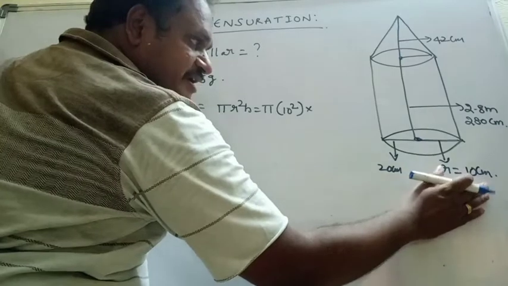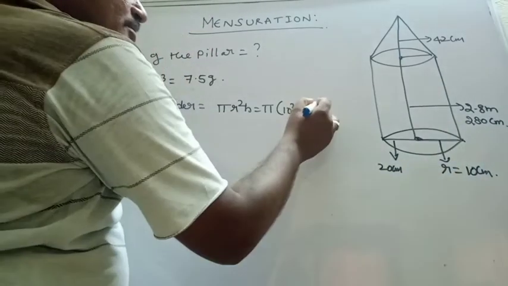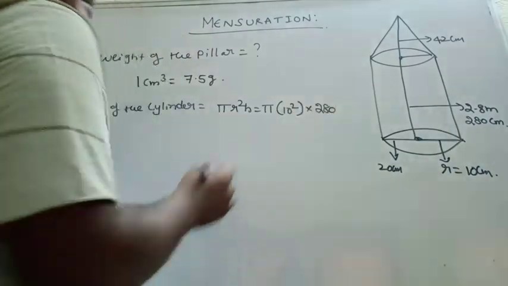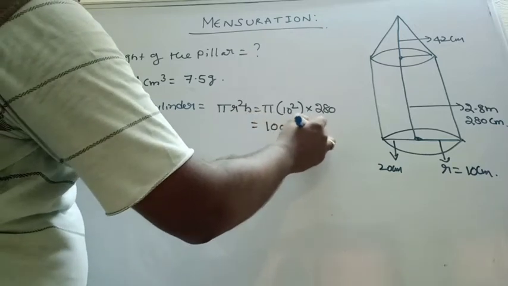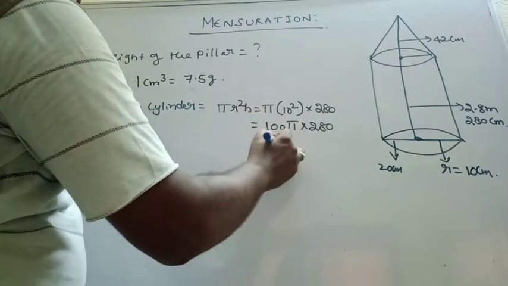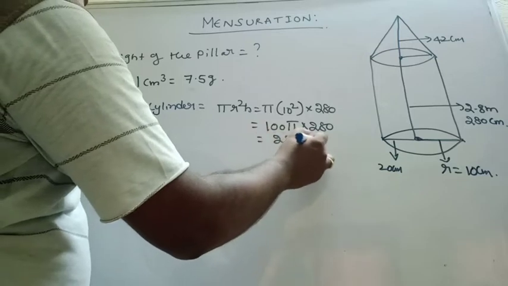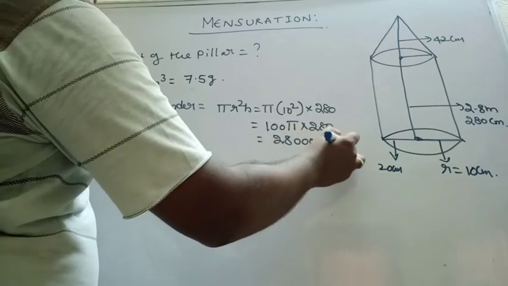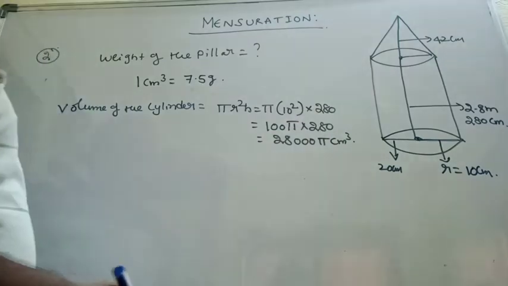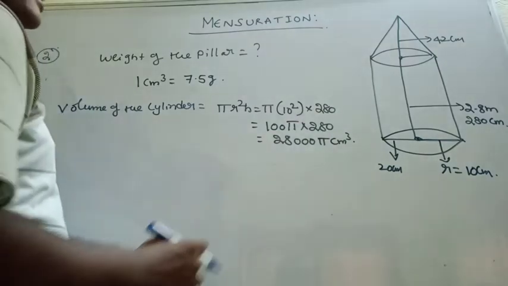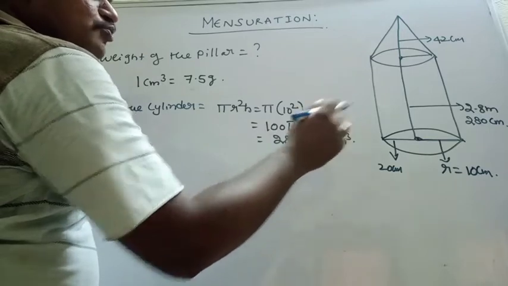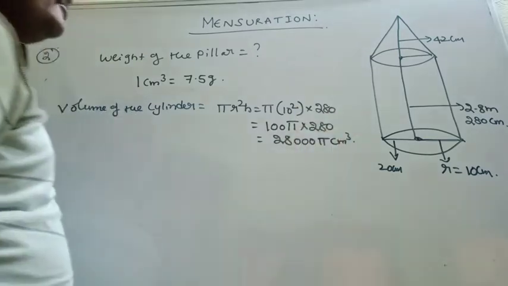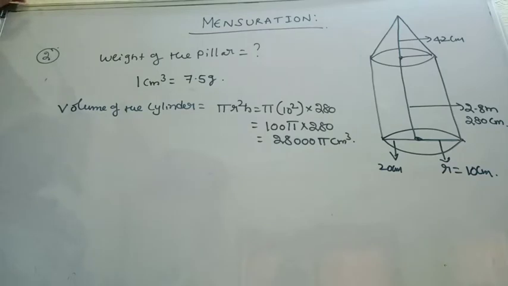Same units we need to maintain. That's why 280 centimeters. Now this is 100 pi into 280, that is 28000 pi cubic centimeters, because 100 into 280 gives two zeros after it. So the volume of the cylinder is this.